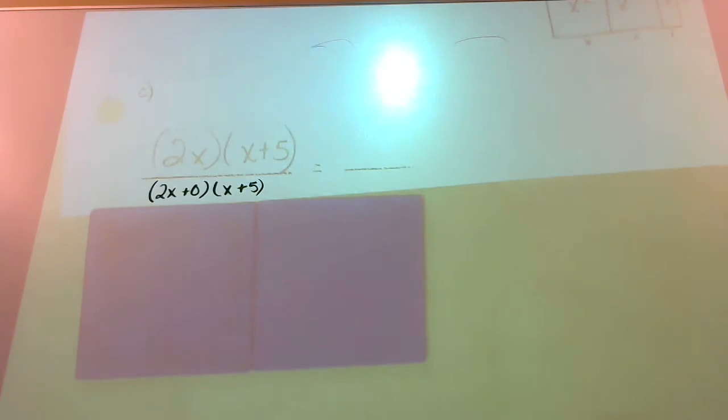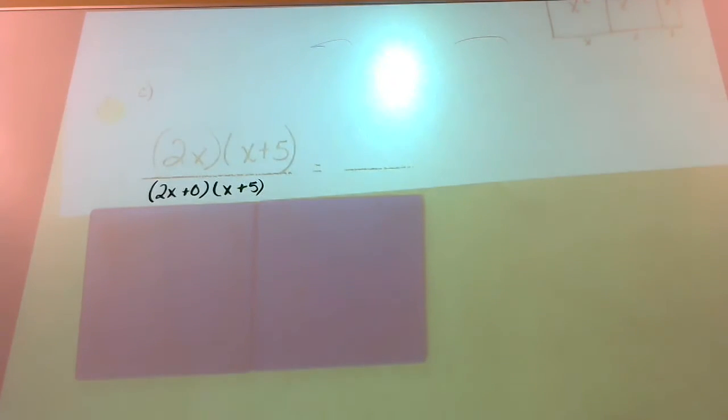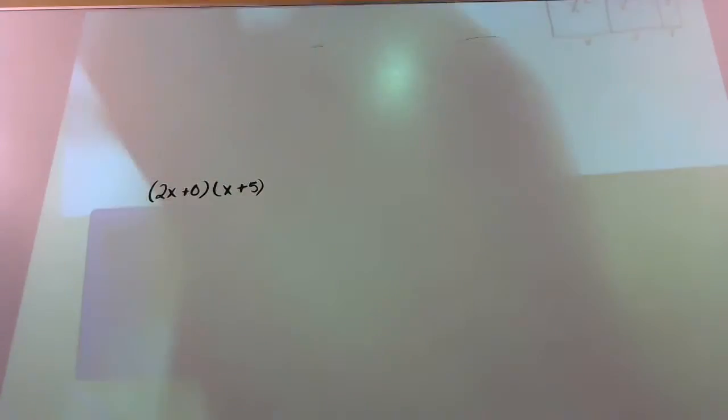What has to happen if I need an x plus 5? Yeah. Very nice. You guys are seeing it. Do you have any yellow pieces in this one? No, there's no yellow pieces.